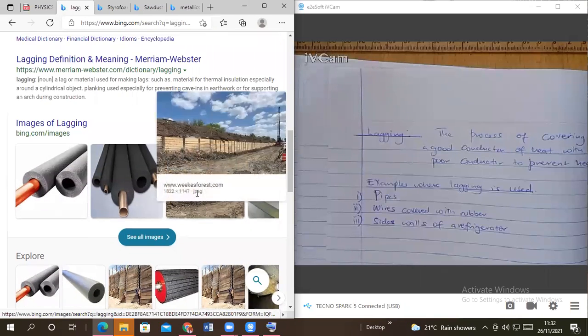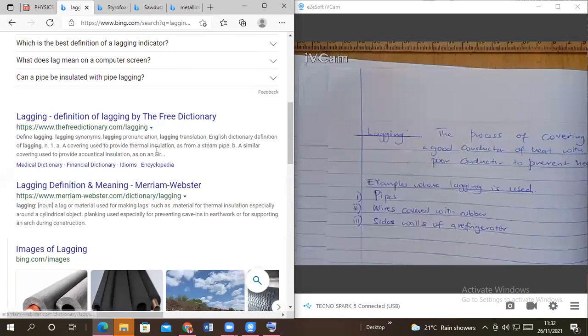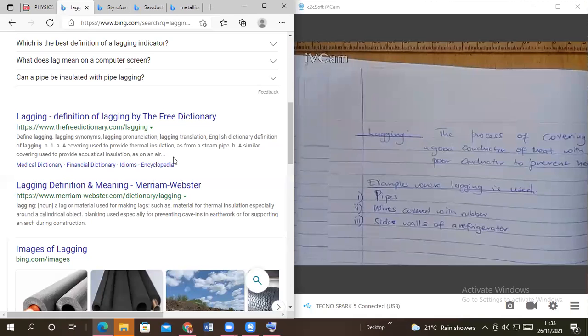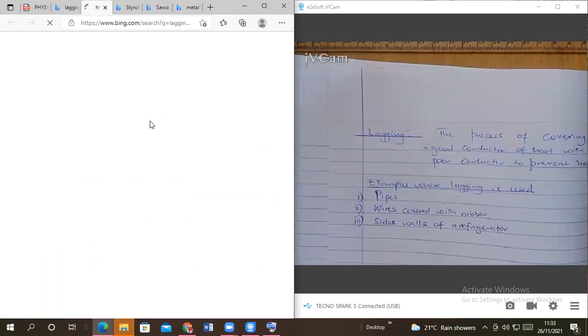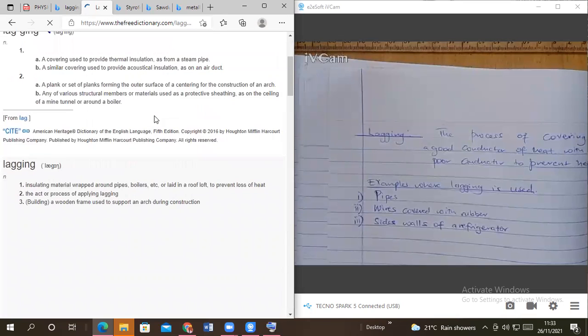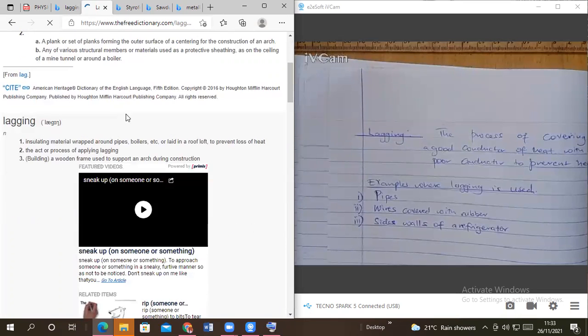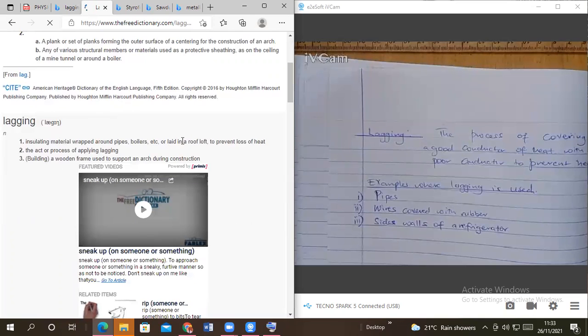Screwdrivers are covered with what? With plastic.